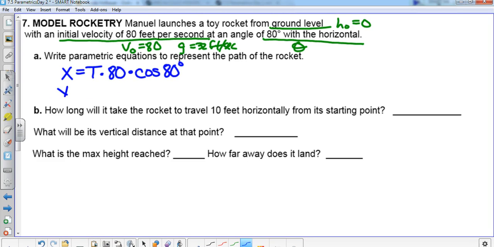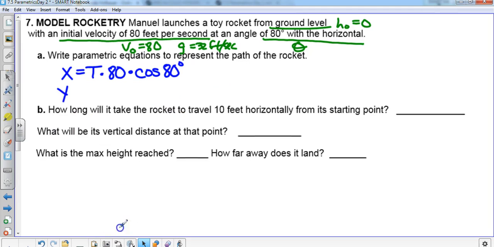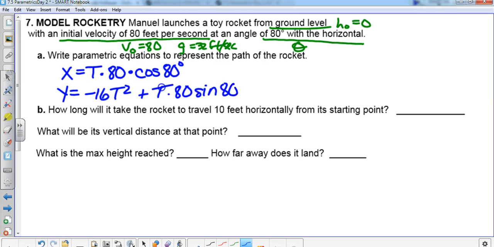Y equals, it's -1/2 of 32, which is -16 t squared, plus t times 80 times sine of 80 degrees, plus initial height, which is 0.